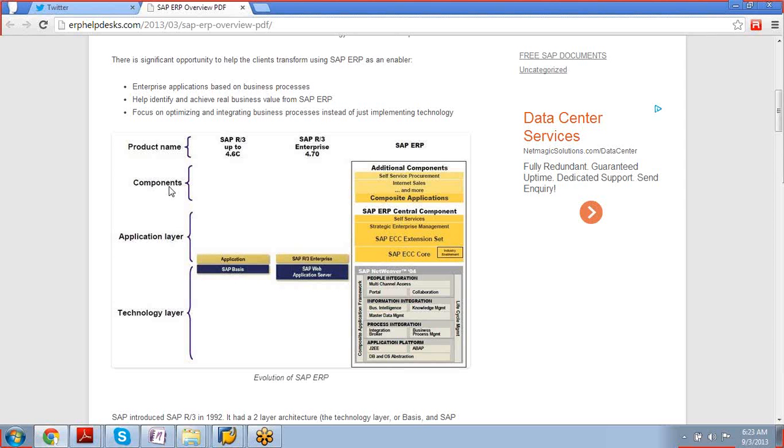There will be a big plus if you are good in the architecture. And SAP stands for Systems, Applications and Products in data processing, that is the acronym.